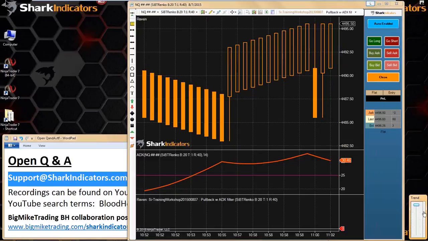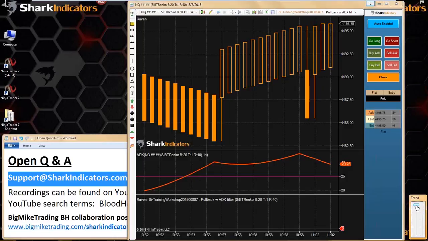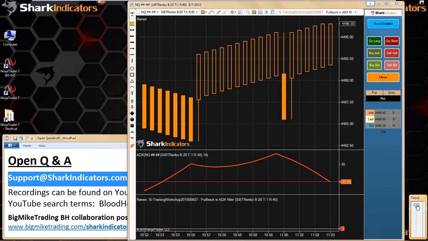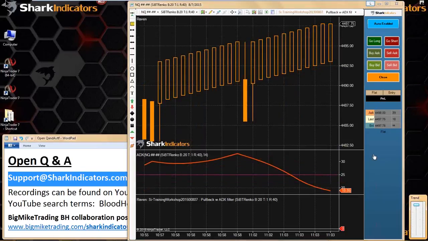And there we go, no trade. No trade took place. So I'll just let price move up a little bit, and hopefully the ADX will start sloping up once we get an uptrend established.